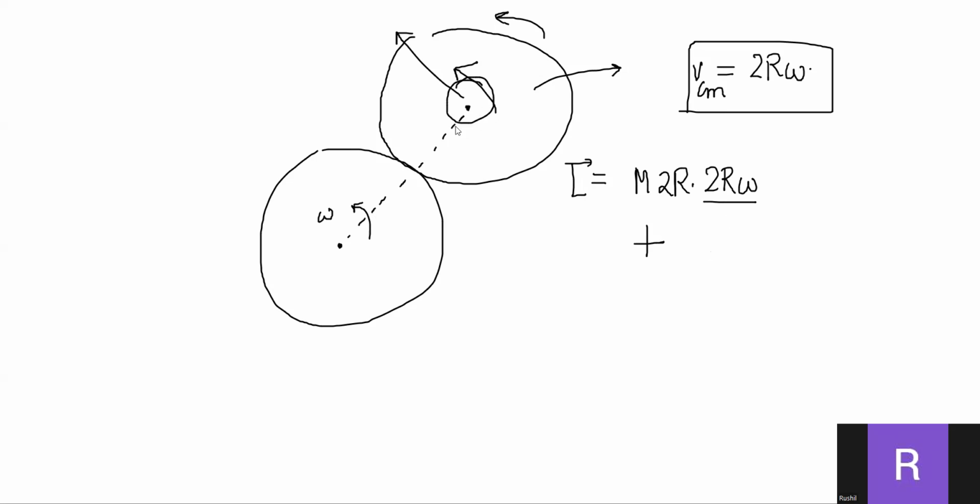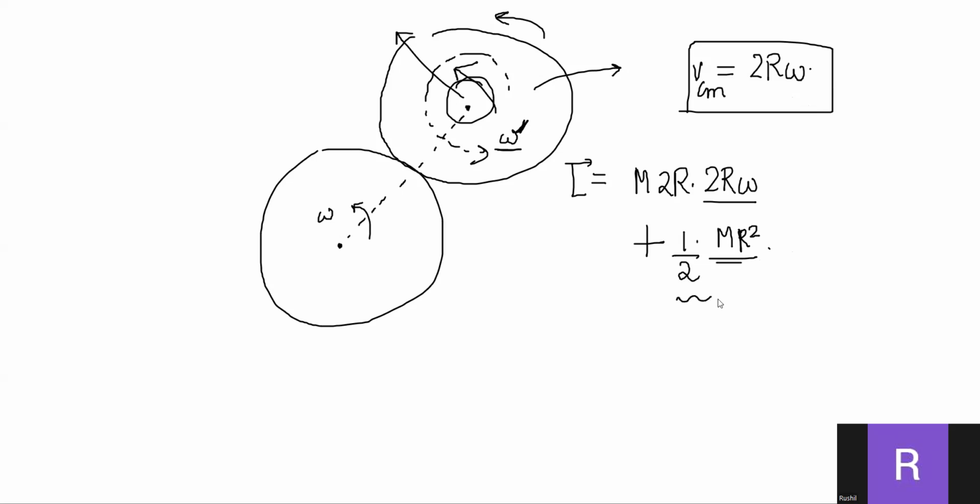When we do it like this, we have to do about its own center of mass. Half mr square is the ICM on omega. About its own center of mass, we have to find its omega, which is going to be different from this omega. ICM will be mr squared by 2.